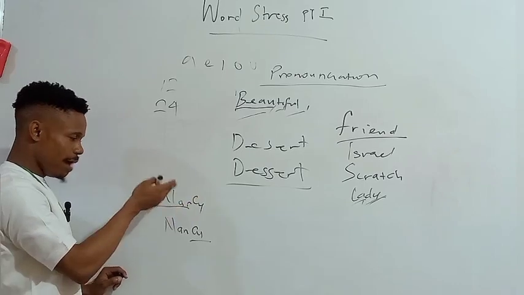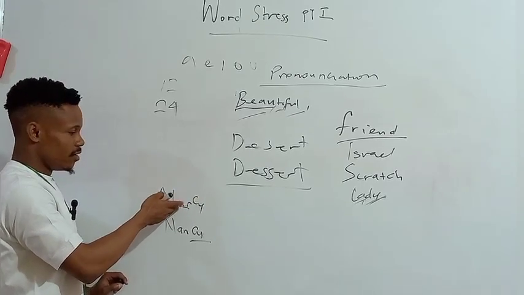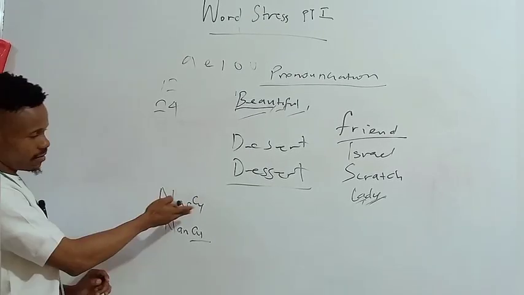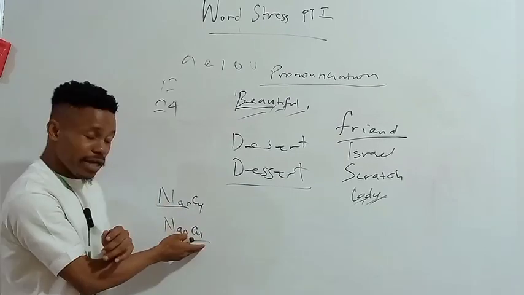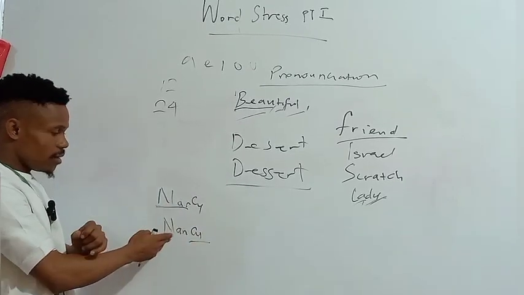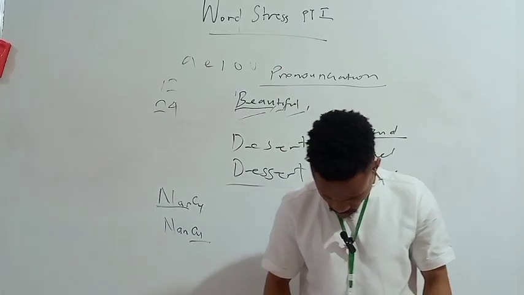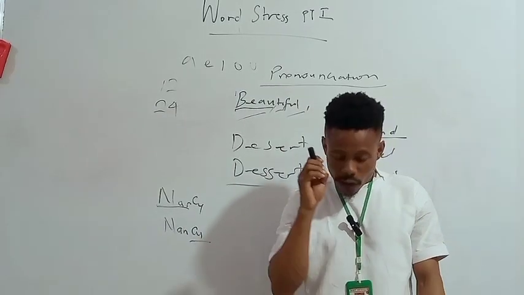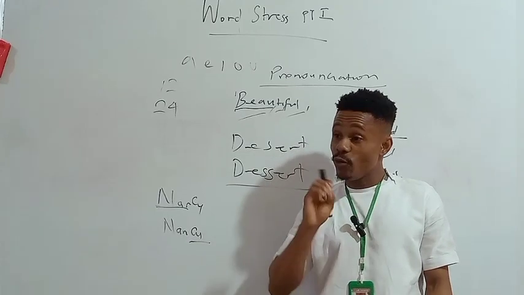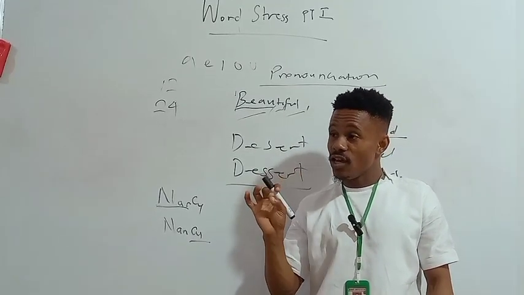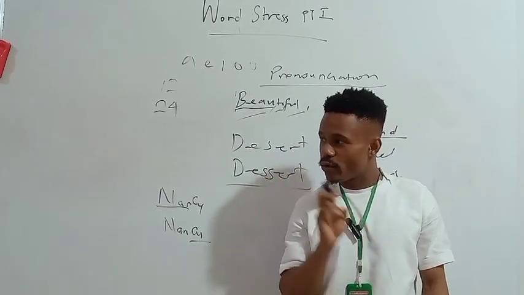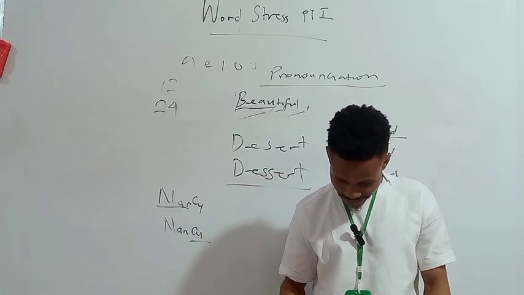For example, I'm going to make my stress here, so it's going to be louder. Nancy. But I want to make this one my stress. Nancy. You understand? And the syllable with the stress is always clear, pronounced clearly.